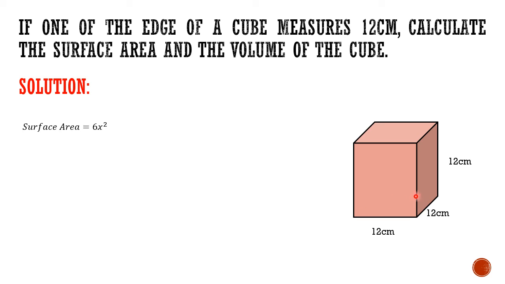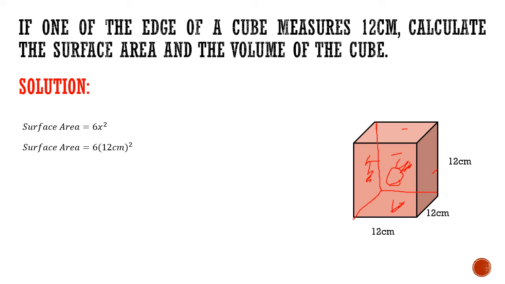Sa ibaba nito, ito if we're going to make here, it's another face. And here, if we're going to connect this one is another face, and the back is another face. So 1, 2, 3, 4, 5, and 6. This face the whole one. So we have 6 surface areas.